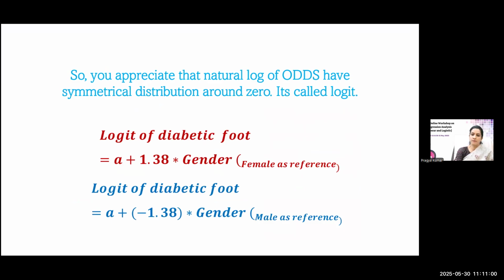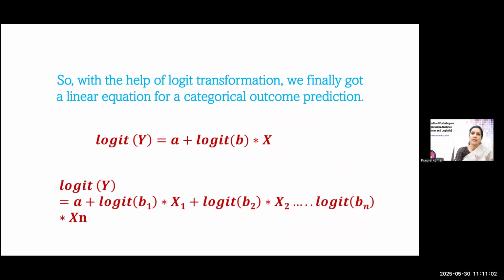So this whole exercise was to explain the assumption of the linear equation, that is linearity, because if you want to go for logistic regression, that assumption should be met, and that can be done using this logit function, and we have tried to explain how we reached this logit function.